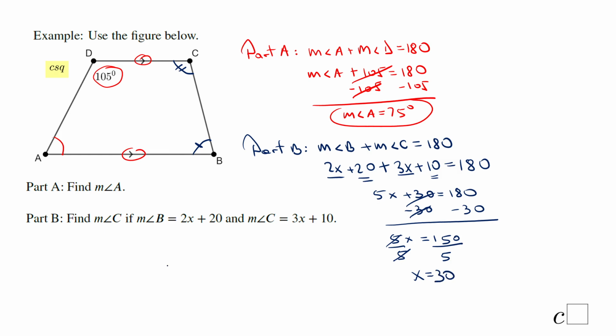Now if you notice, we need to find the measure of angle C, and angle C is 3x plus 10, so 3 times 30 plus 10. 3 times 30 is 90, plus 10, that will be 100 degrees. And that is for this example, where you need some algebraic skills.